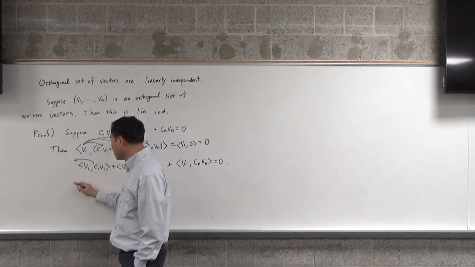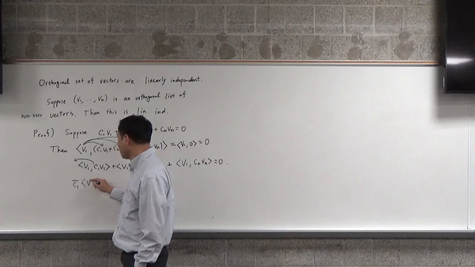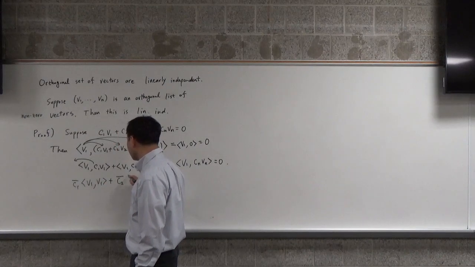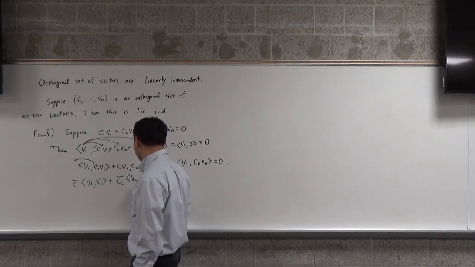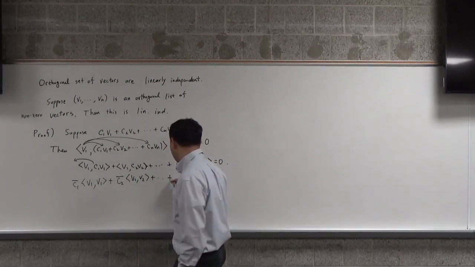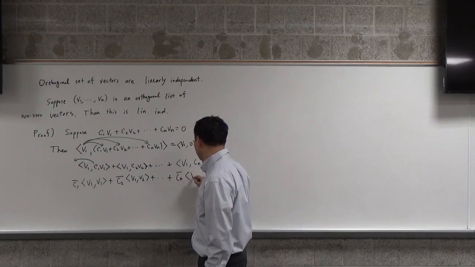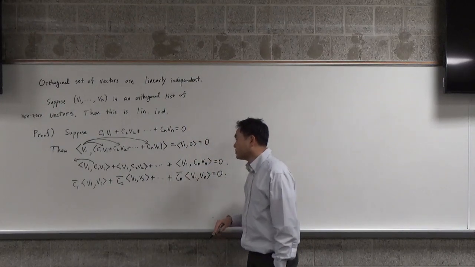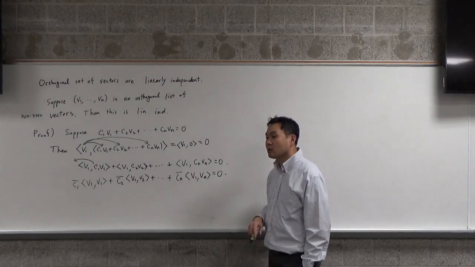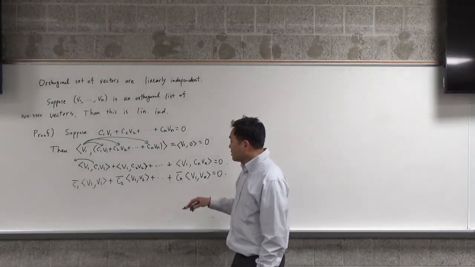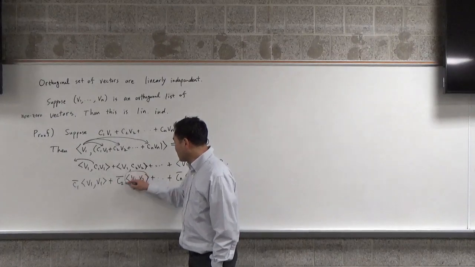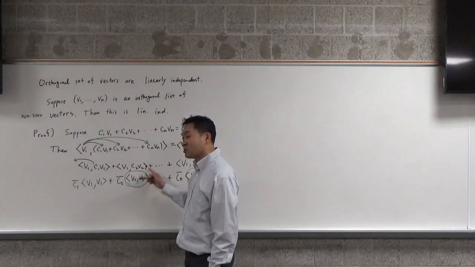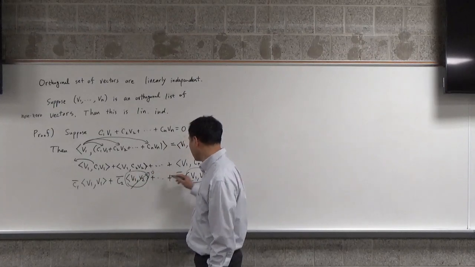So when they come out, it will be C1 bar times V1 V1, plus C2 bar times V1 V2, plus Cn bar times V1 Vn equal to 0. But then we assume that all these are orthogonal, right? It's orthogonal with respect to this inner product, so those are all 0.